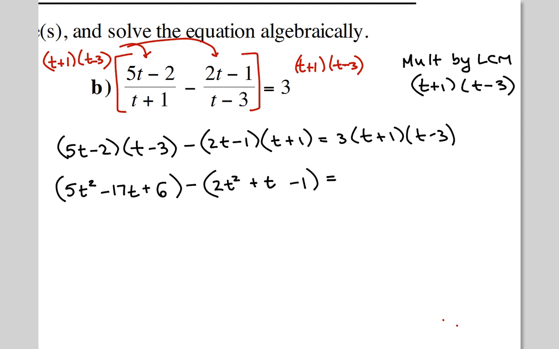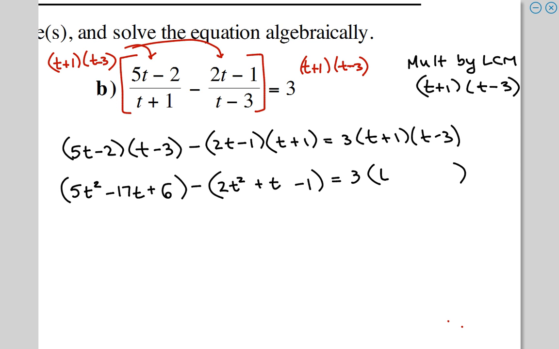This foiling is really easy because it's 1 times 1t, 1t, 1t, so this is t squared, minus 3 at the end, and then you just go minus 3 plus 1, minus 2t.